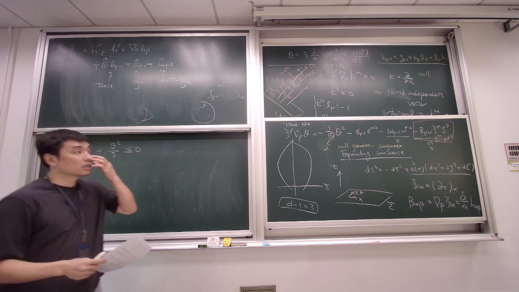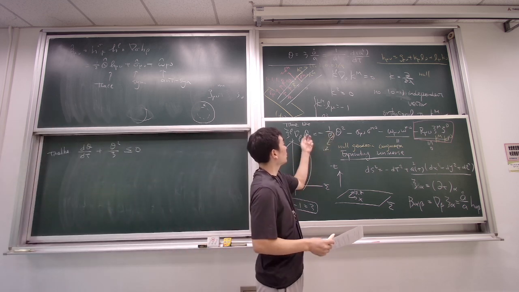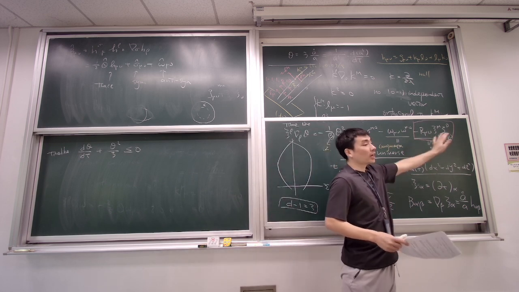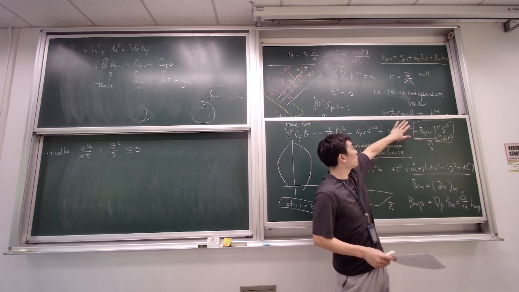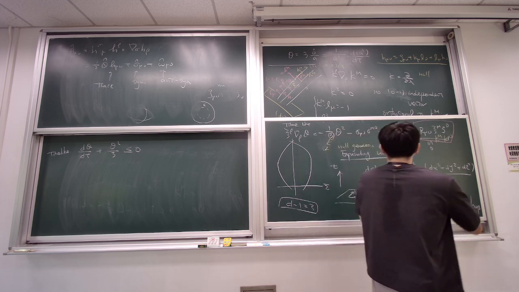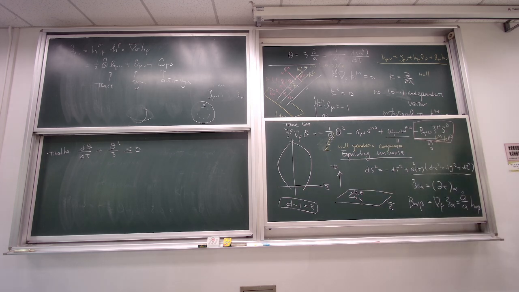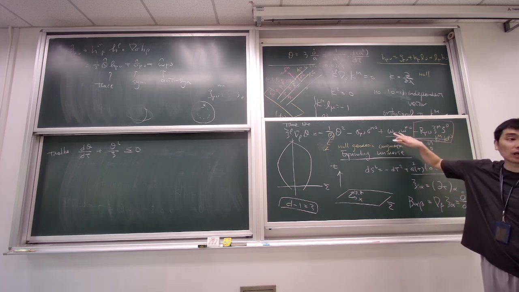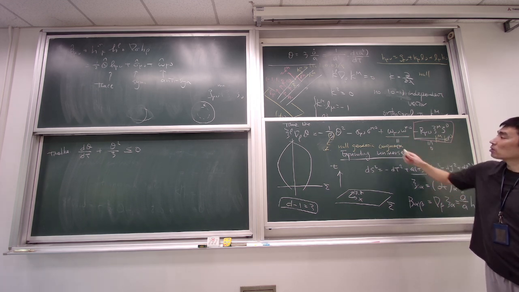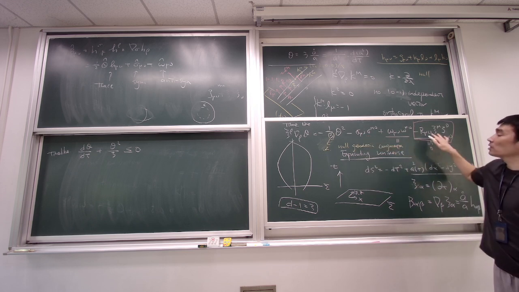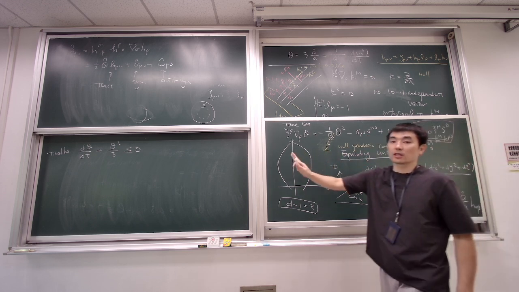You bring this one into the left hand side, and the right hand side is equal to 0. Sorry, I think this should be plus. Once you assume the rotation is 0, this is negative, and this is negative. Therefore, this quantity is negative.